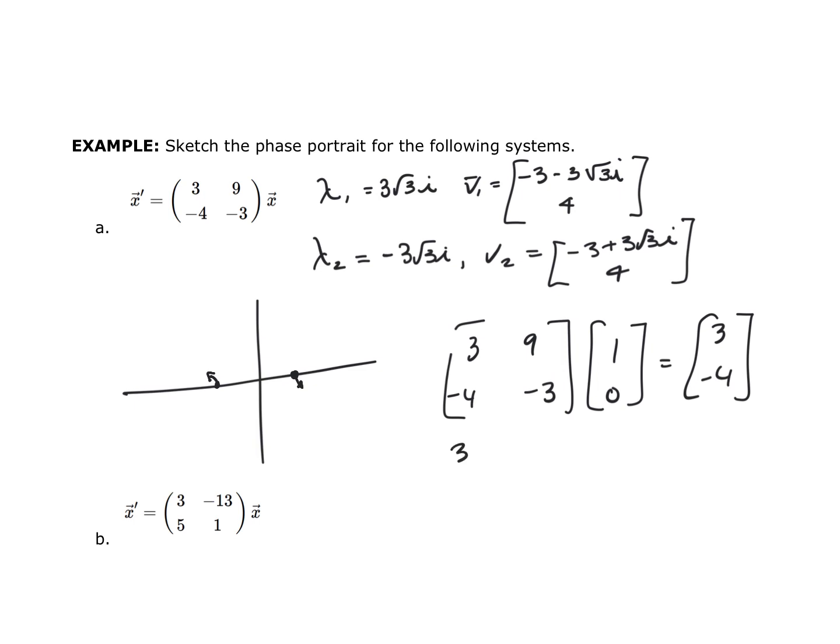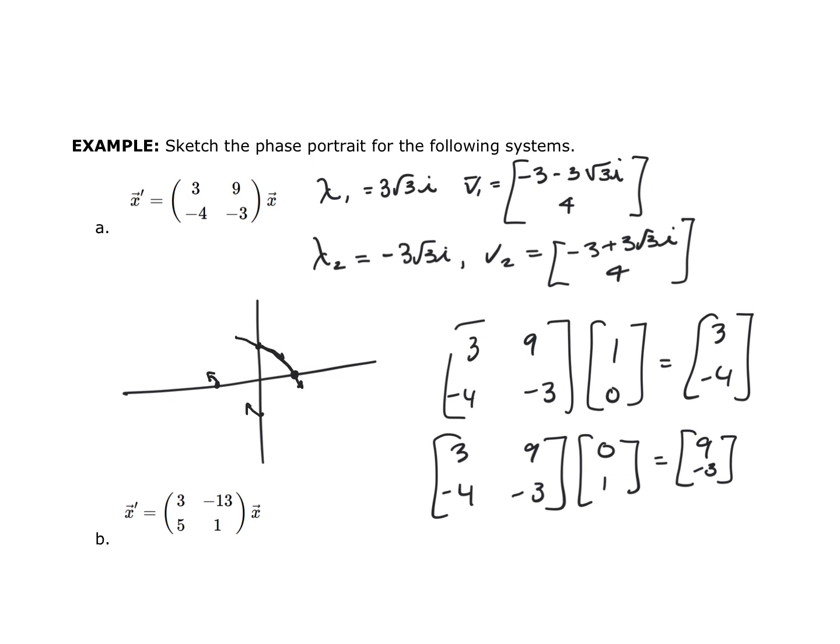So let's do 3, negative 4, 9, and negative 3, and then let's multiply by 0, 1 and see what I get. And I end up with 9, negative 3. So if I go here, positive 9, and negative 3 is going to go like that. So I think my concentric ellipses are going to have this kind of shape.